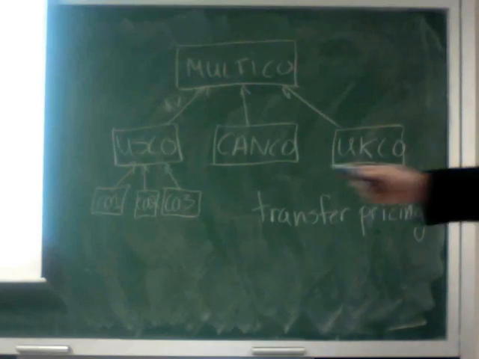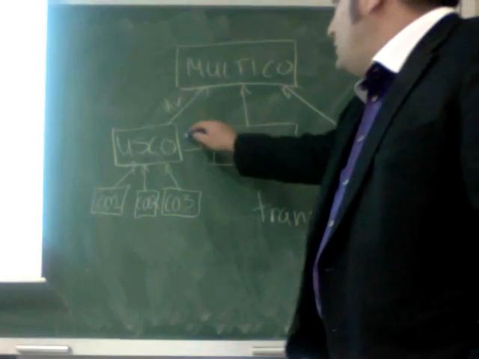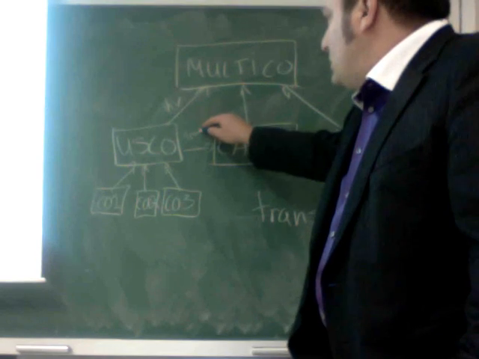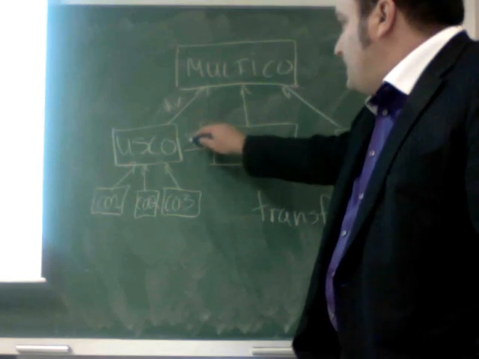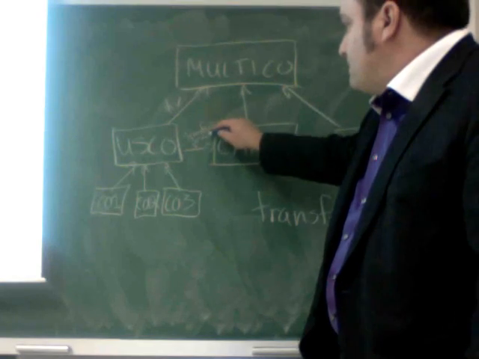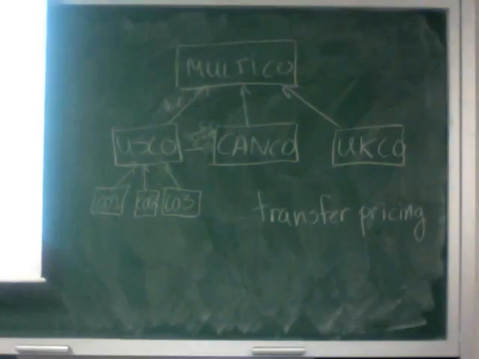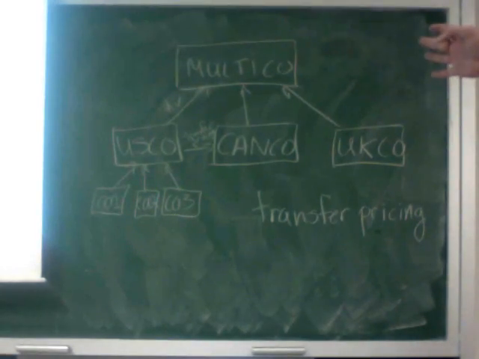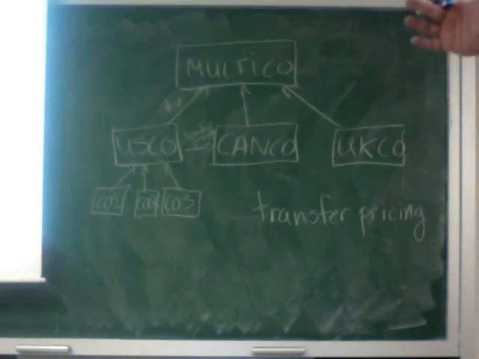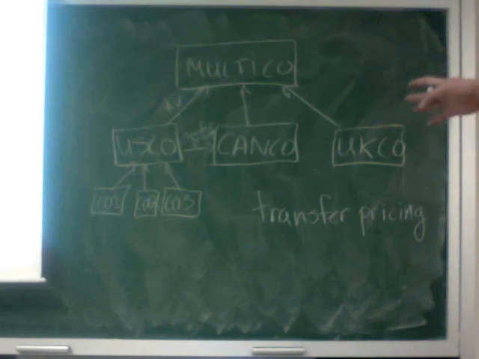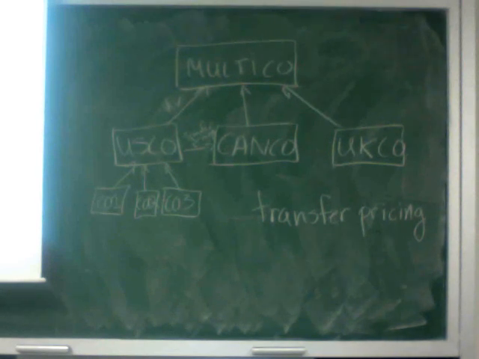So what is the price that you should use? Because the company controls what that price is. It's not a real market price, in that the Canadian company is not going on the market and buying bicycles from an arm's length, unrelated company.